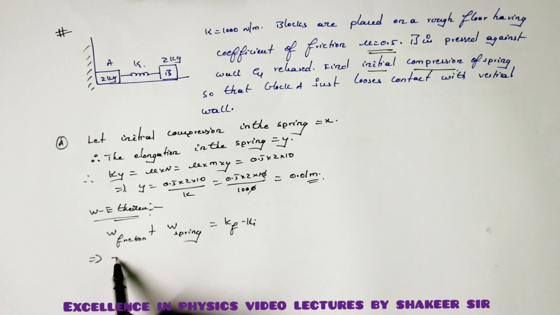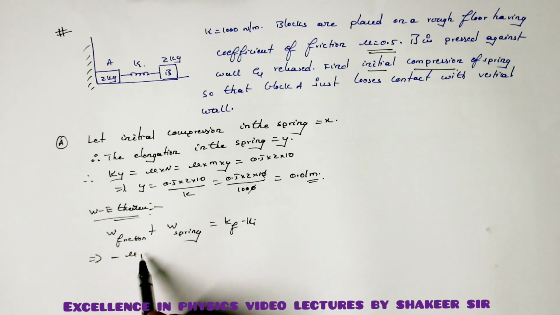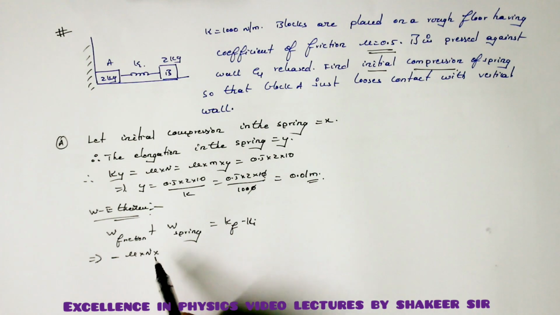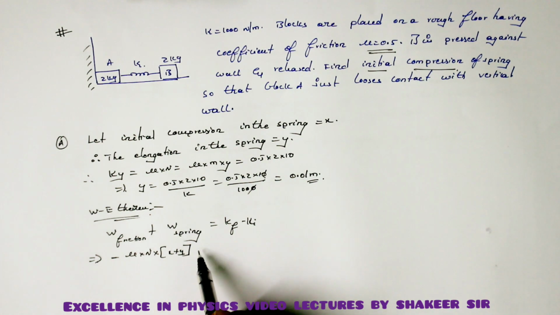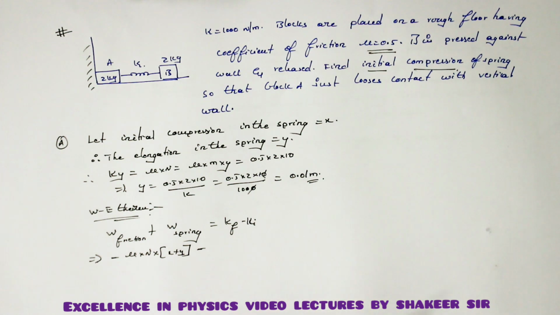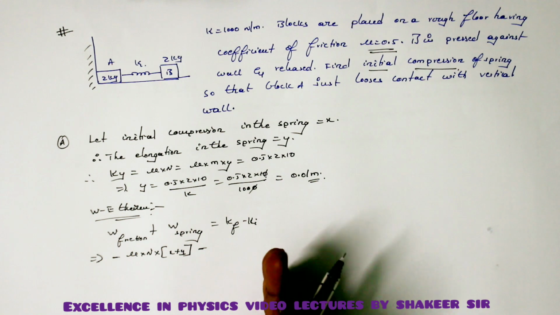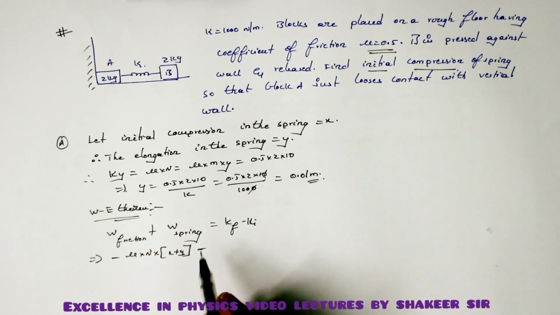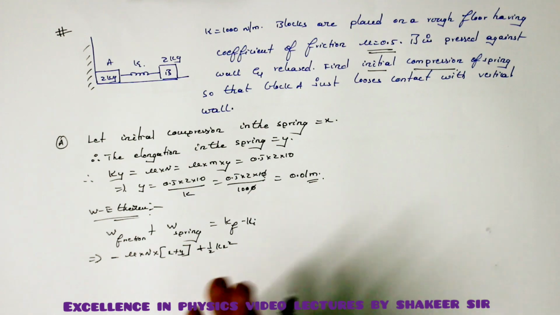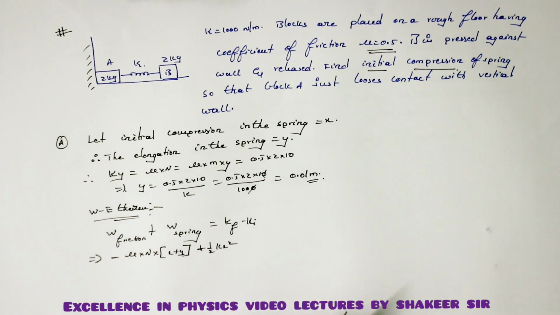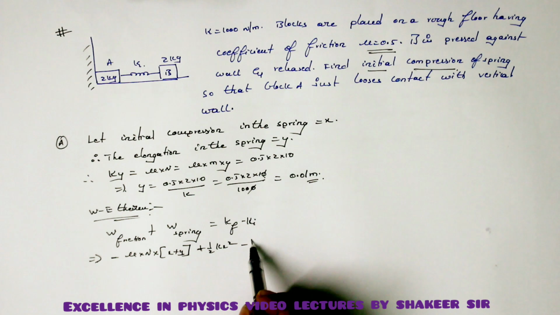So I can write: minus mu into N into (x plus y), and the work done due to spring. Here the spring will do two works. When it is in compressed position, to come to the mean position it will do positive work, that is half kx square, and from the mean position it again elongates by y, where it will do negative work.